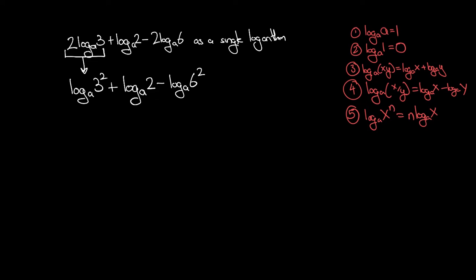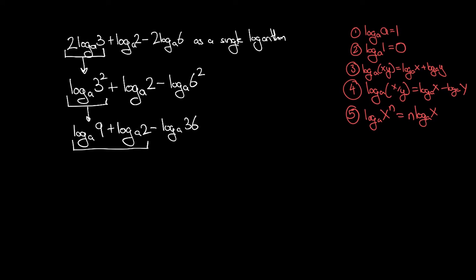Let's go ahead and simplify this down. This can be simplified to the log base a of 3 times 3, which gives us 9, plus the log base a of 2, minus the log base a of 36. Using rule number 3 and number 4, our multiplication rule and our division rule, let's start with the multiplication rule for these two.